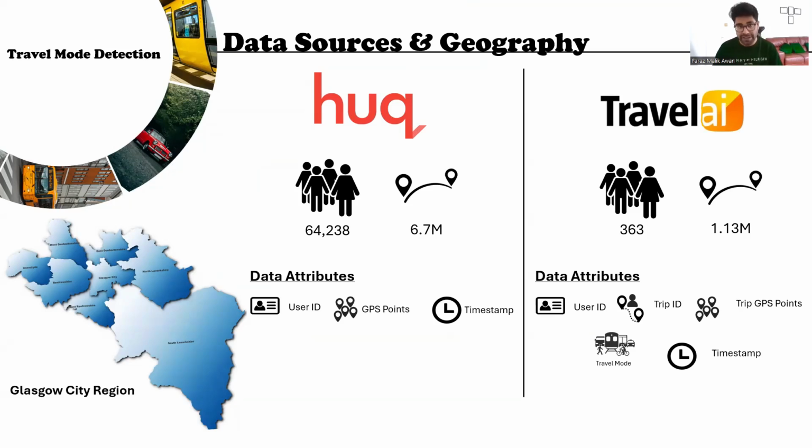Let me tell you that our primary data set, that is the mobile phone app dataset, was used to detect the trips, while the dataset acquired from Travel AI, that is our Scandi dataset, was used to train a machine learning model and then apply that machine learning model to the trips detected from our mobile phone app data.